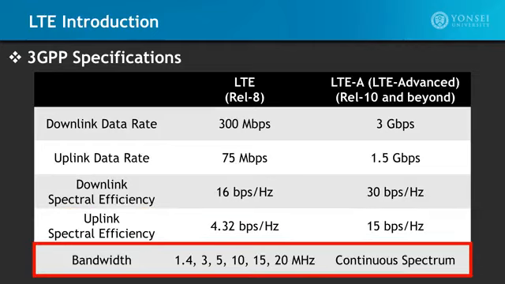Bandwidth-wise, LTE can use 1.4 megahertz, 3, 5, 10, 15, 20 megahertz bands, where for LTE-A you have much more flexibility in a continuous way. So you can provide the right amount of bandwidth to the user by adaptively controlling this.